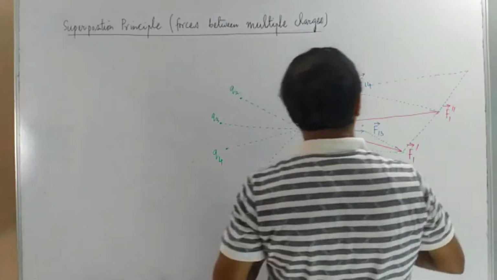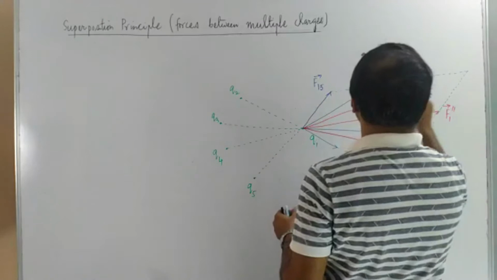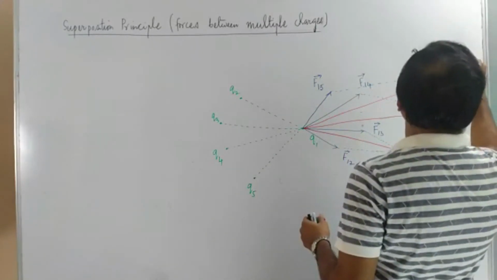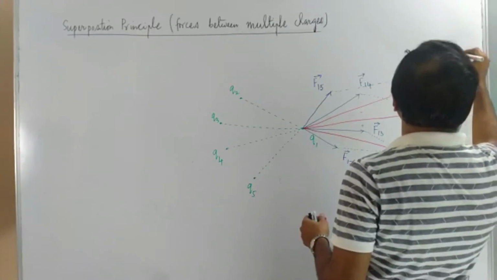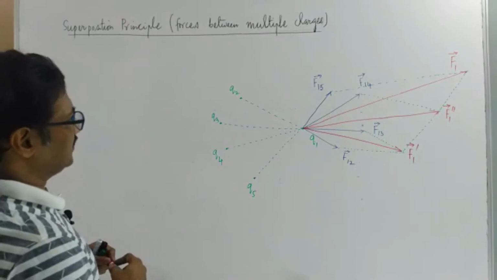So new resultant will be this. So this is how you can go on adding individual forces.